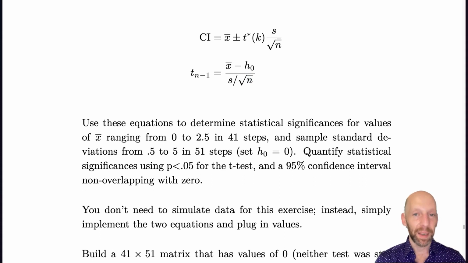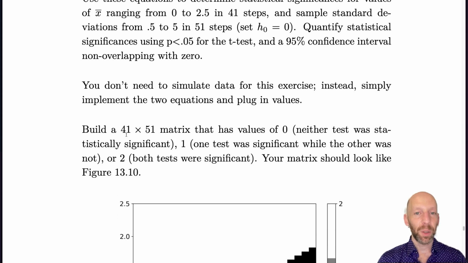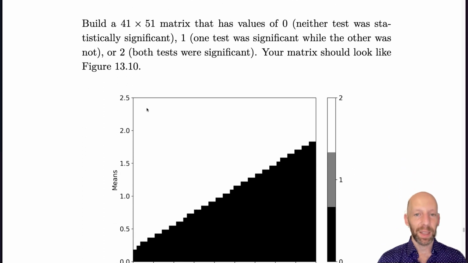You just need these statistic characteristics: the mean, the standard deviation, and the sample size. Then you can compute the analytic confidence interval and determine whether 0 is included in that 95% confidence interval. Then you can compute the t-value, get a corresponding p-value, and determine whether the p-value is less than 0.05.